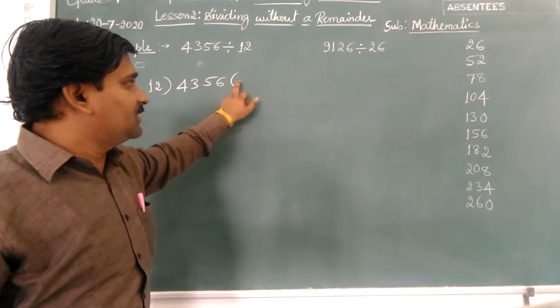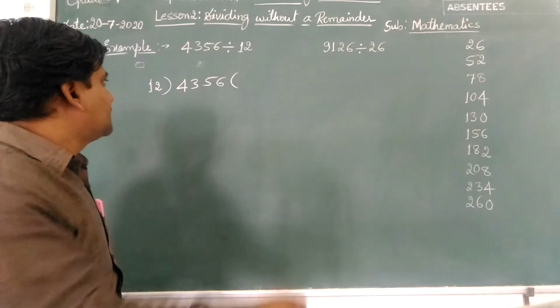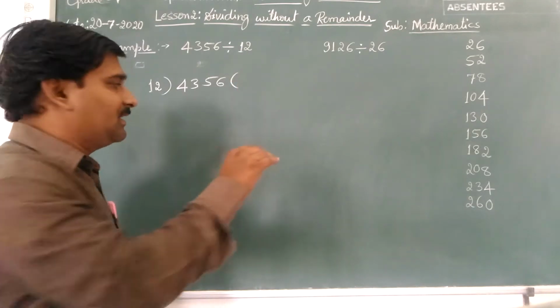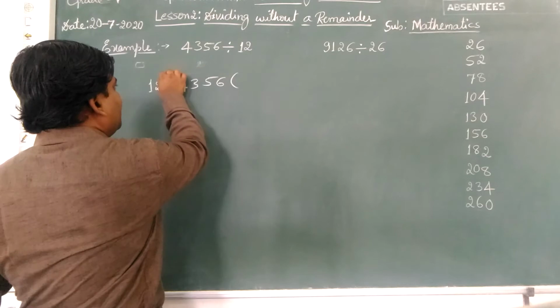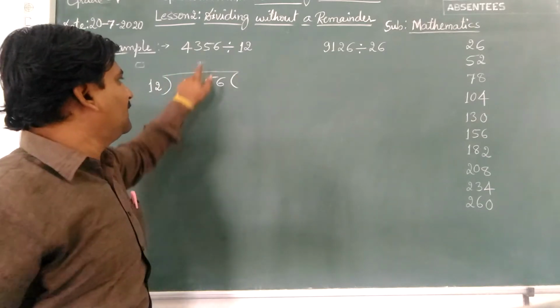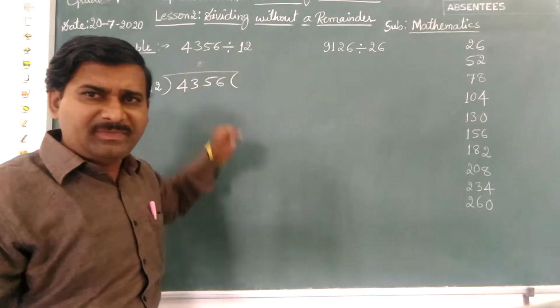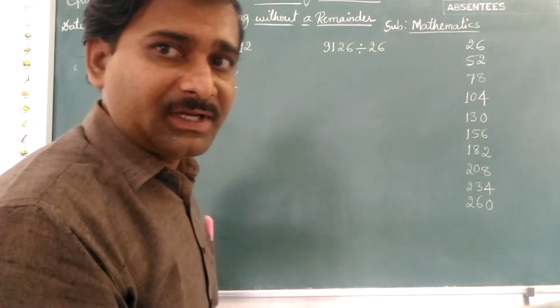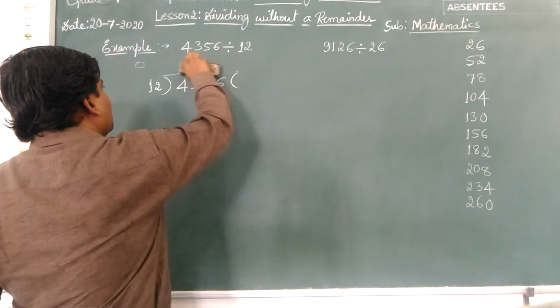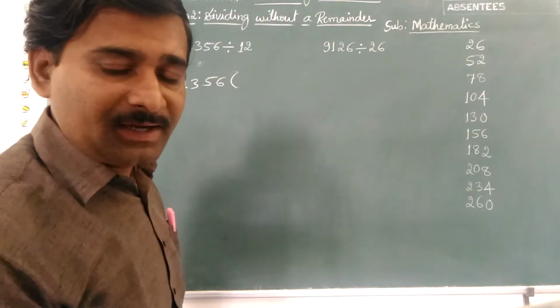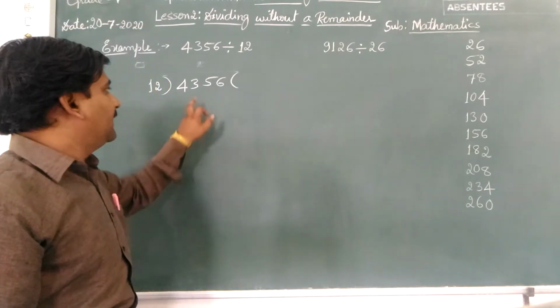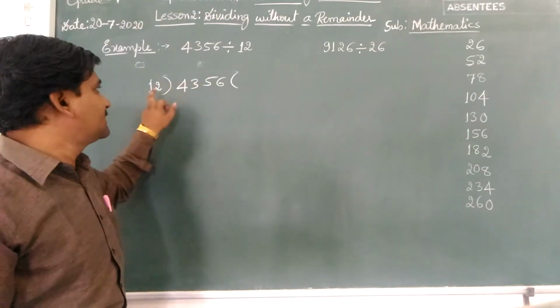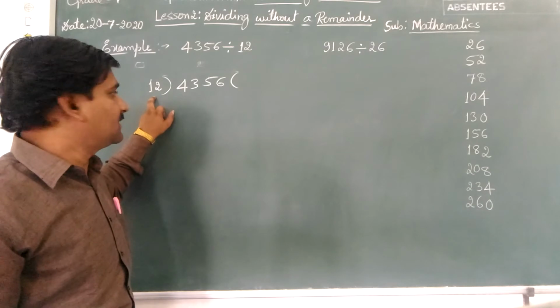Some will write the quotient in this place and some will write the quotient by drawing a line here. It depends on your convenience. Now, dividend 4356 and divisor is 12.